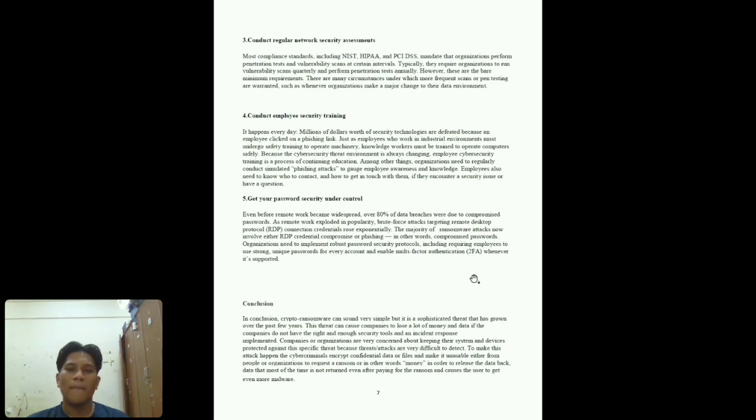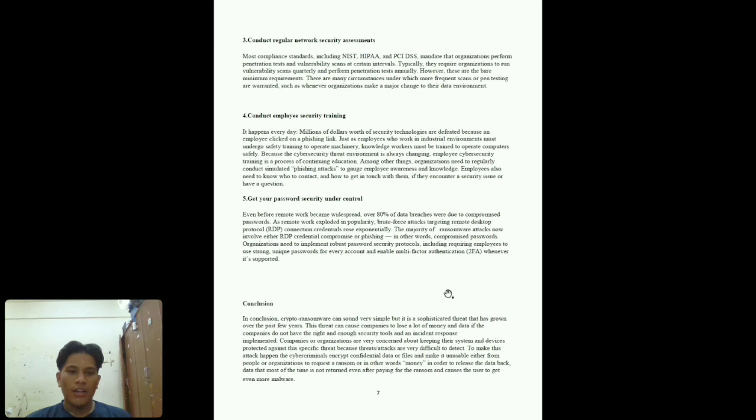Typically, they require an organization to run vulnerability scans quarterly and perform penetration tests annually. However, these are the bare minimum requirements. There are many circumstances under which more frequent scans or pen testing are warranted, such as whenever organizations make a major change to their data environment.